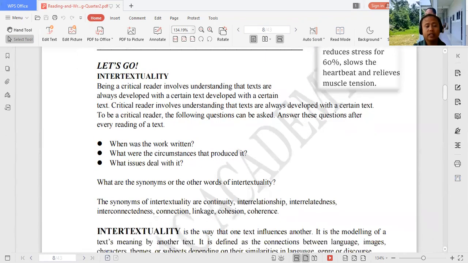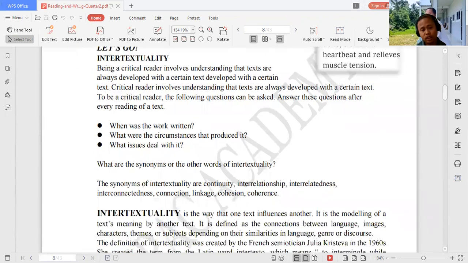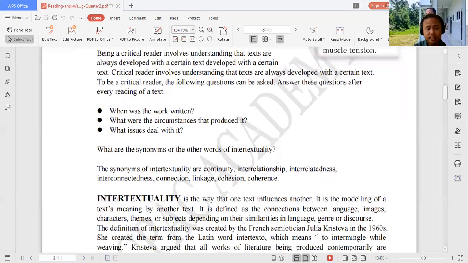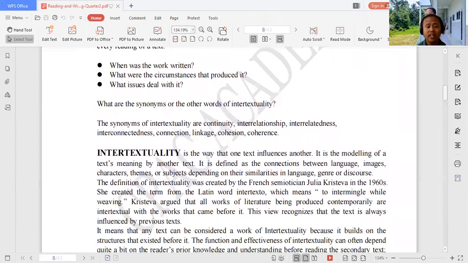All right. So what are the synonyms or the other words of intertextuality? The following are continuity, interrelationship, interrelatedness, interconnectedness, connection, linkages, cohesion, coherence. Okay, so that is intertextuality. Now, intertextuality is the way that one text influences another.